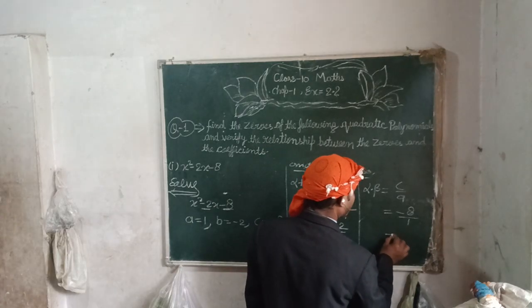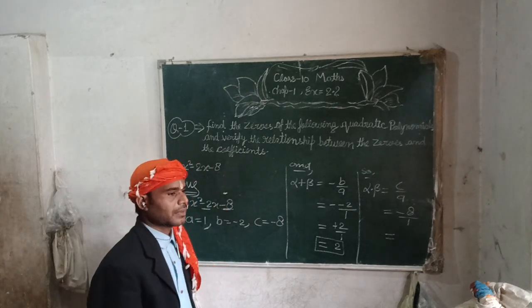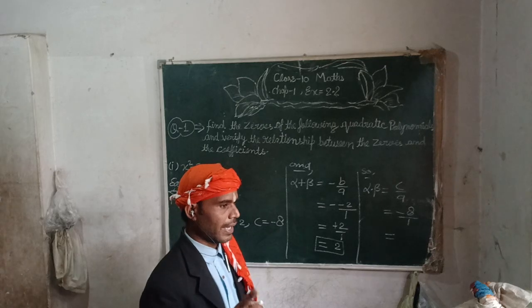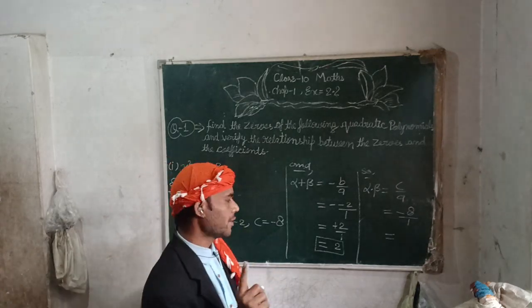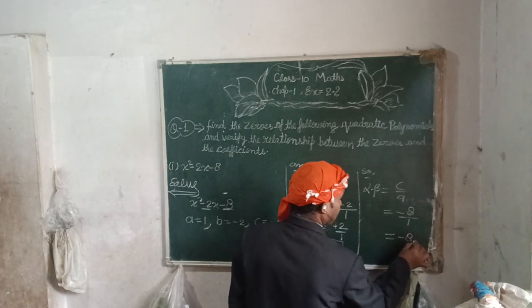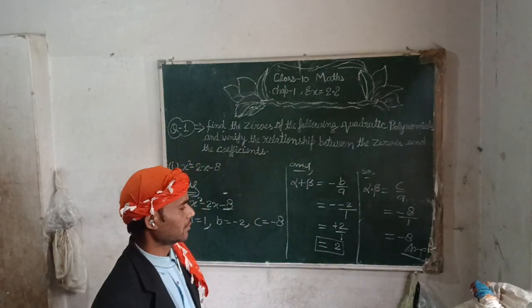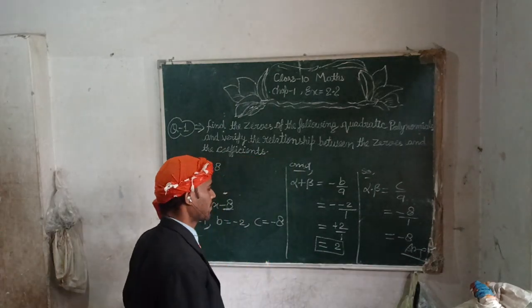Any digit with 1 in the denominator, I write only the numerator. So the numerator is minus 8. Okay, my dear, this is your answer.